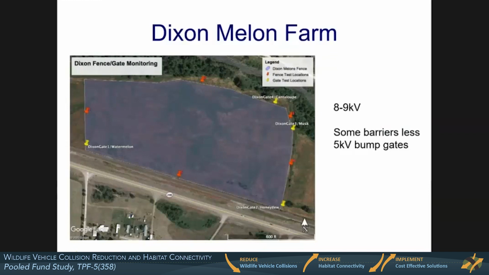The NGO, People and Carnivores, was involved and built an electric fence around the melon patch. Our role from the research project was to supply the gates that have been electrified. Now, compared to the other study locations that I just mentioned, this is extremely low traffic volume, very low speed, one landowner, and we are able to investigate a much lower cost solution.